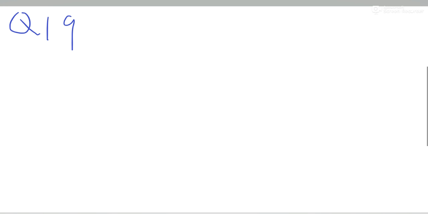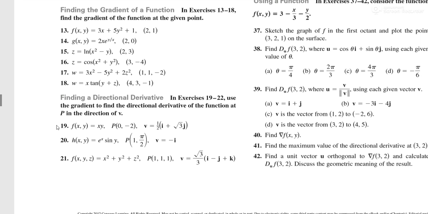It's 19. f(x,y) equals xy, and the point is (0, -2), and the vector is 1 over 2 times (i + root 3 j).